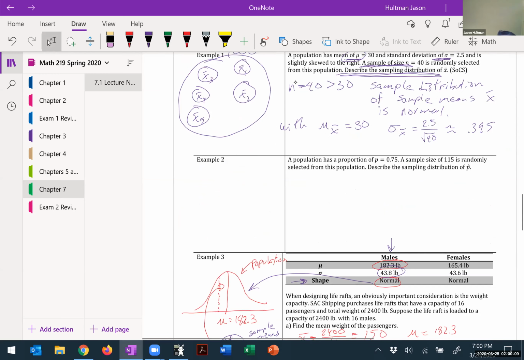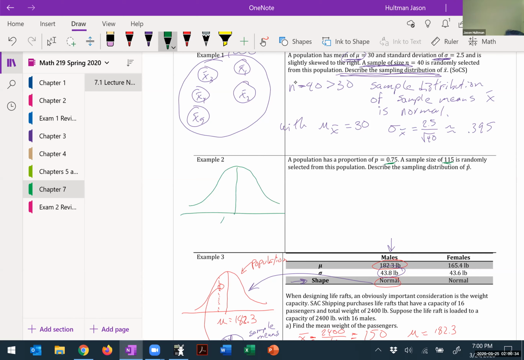Here, a population has a proportion of 0.75 and a sample of size 115 is randomly selected from this population. Describe the sampling distribution of p hat. What's the sampling distribution of p hat going to look like?